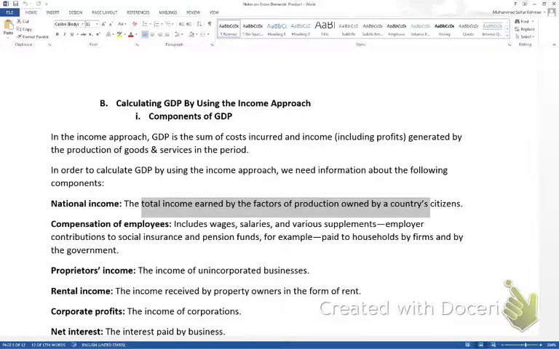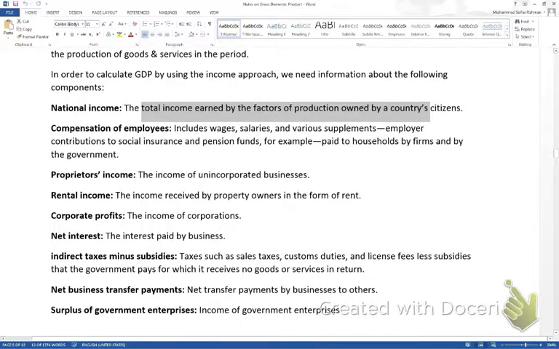Now, national income comes from a variety of information sources. The first and the most important of them is called the compensation of employees. Compensation of employees, as the name suggests, are compensation of the workers, right? So that probably includes wages, salaries, and various supplements.